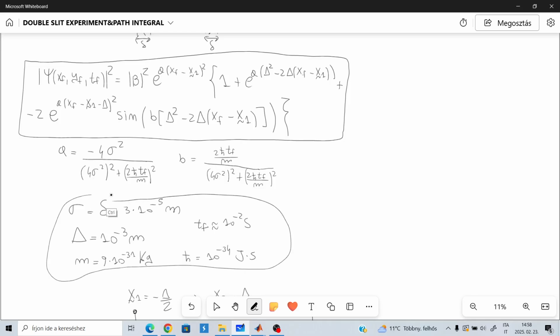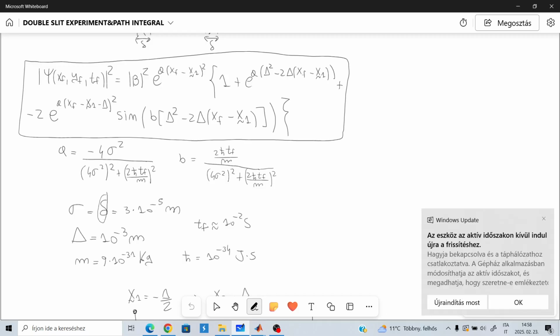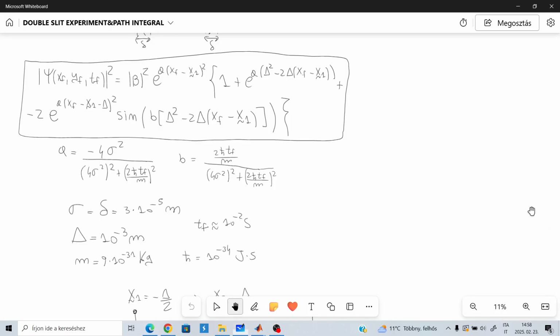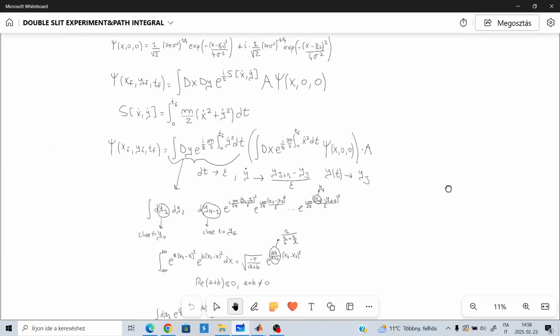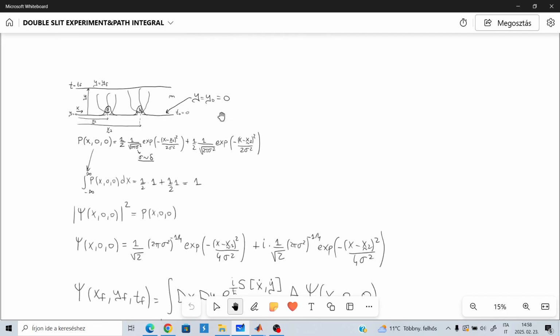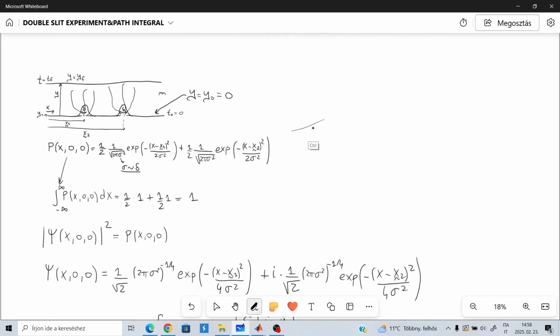So in particular, we chose the width of the slit, which we called delta, the same as sigma. If you remember, sigma appeared in the amplitude, or also in the probability density that we started from. So this was the initial assumption for the probability density.